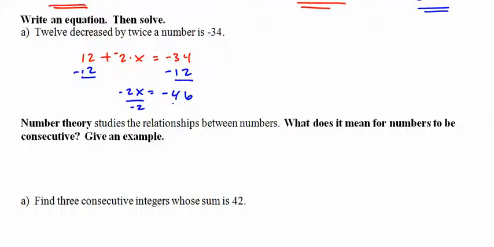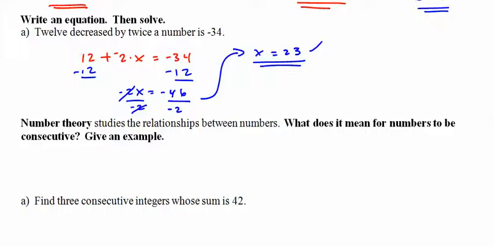Divide by negative 2. Sorry, I don't like my handwriting sometimes. X equals 23. Checks.